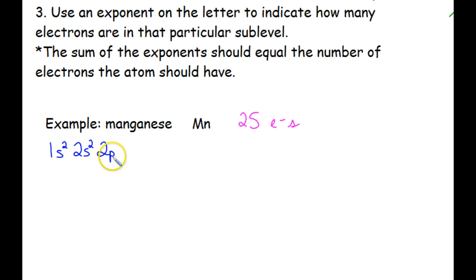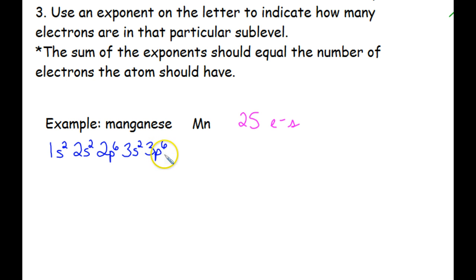Keep filling. The next one is 2p. And there are 3 p orbitals in a p sublevel. Each can hold 2, so we will put 6. After 2p comes 3s, and that can hold 2 electrons. After 3s is 3p, which again, 3 orbitals times 2 electrons is 6.